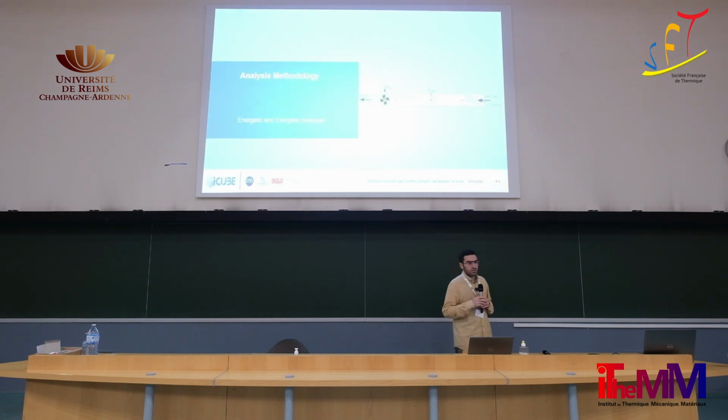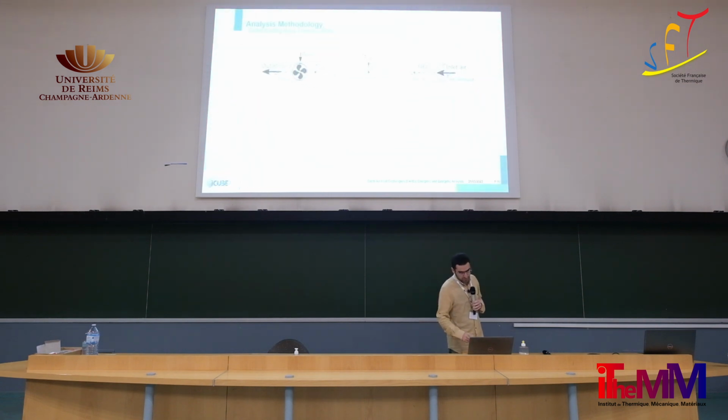Now I'm going to talk about the analysis methodology that we followed to make the energy and exergy analysis of the system. The system is very simple. We have a pipe, with a filter at the inlet to filter any dust in the air, and at the outlet a fan to blow the air inside the pipe.